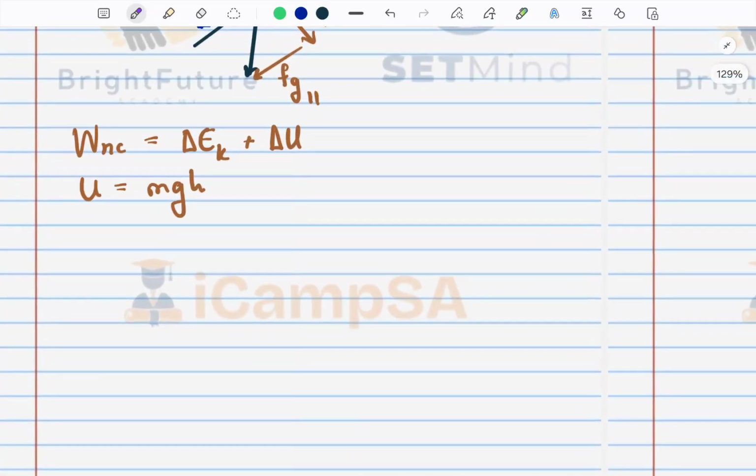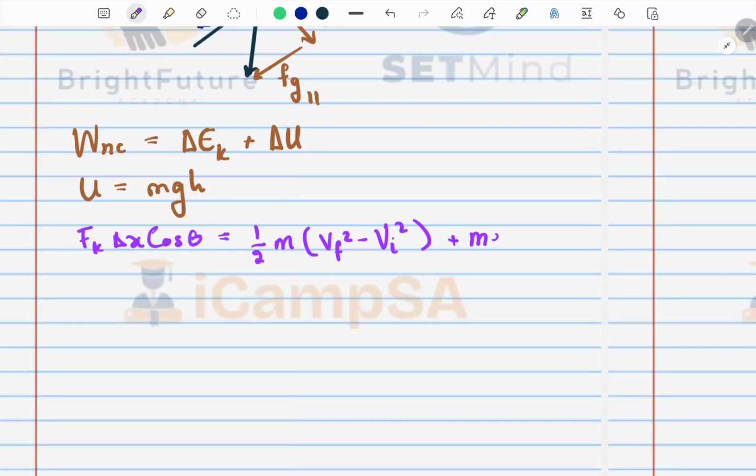So that means when you get here, you're still going to have your work done by your FK times x times cos theta equals 1 over 2 m (vf squared minus vi squared), plus mg (hf minus hi).